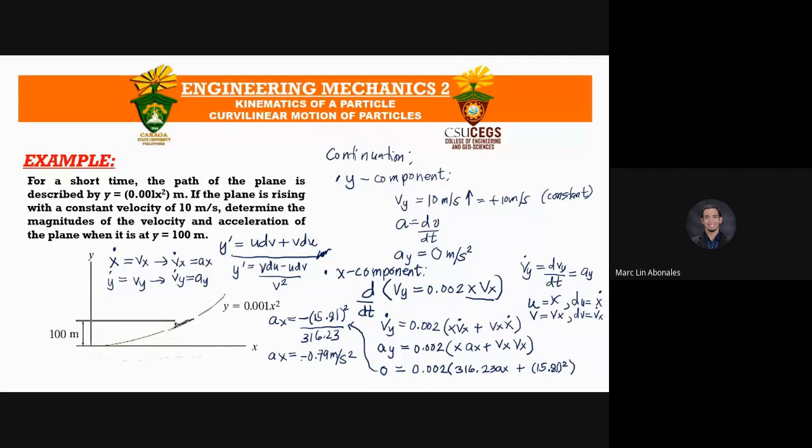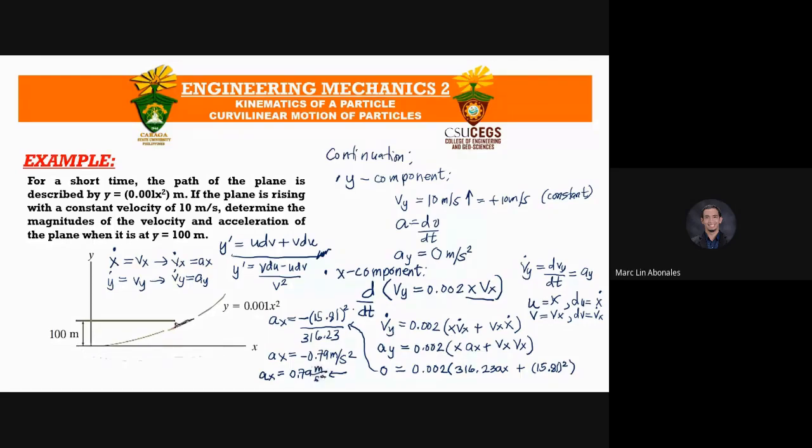So the negative means it acts along the left side, or the negative x-axis. So your Ax is 0.79 meter per second squared going to the left. I forgot the squared, so meter per second squared.